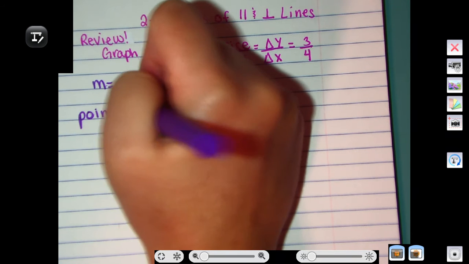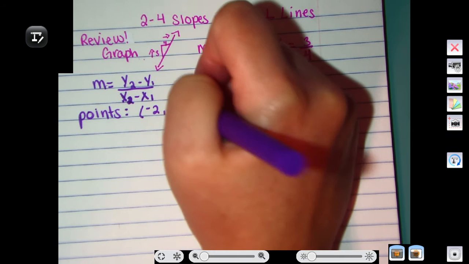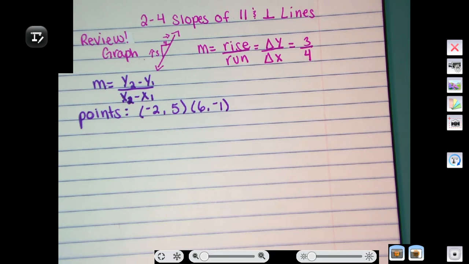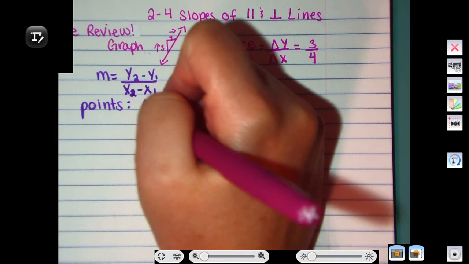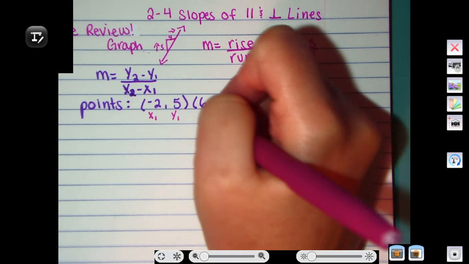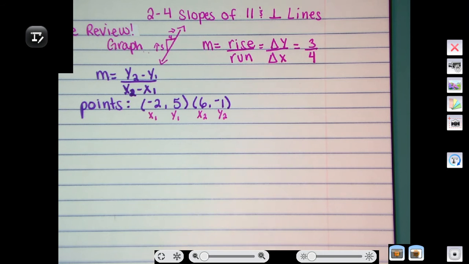Let's do an example here. If you have a set of points such as -2, 5, and 6, -1, you can find the slope from those 2 points without graphing it. So let me remind you, just like when we did the midpoint formula, and we labeled our x's and our y's, and then we plugged them in.